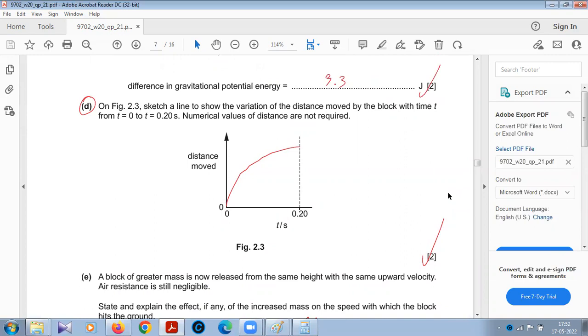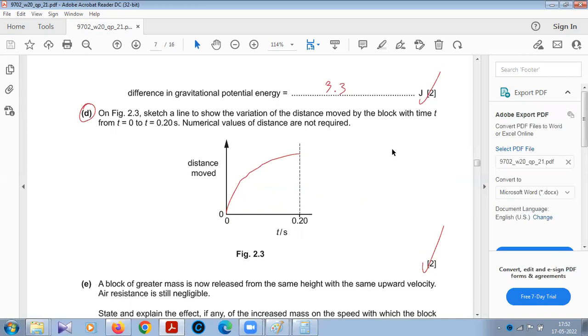Numerical values of distance are not required. Is this correct? Distance moved versus the time. So what does the marking scheme say? They said curved graph. Yeah.